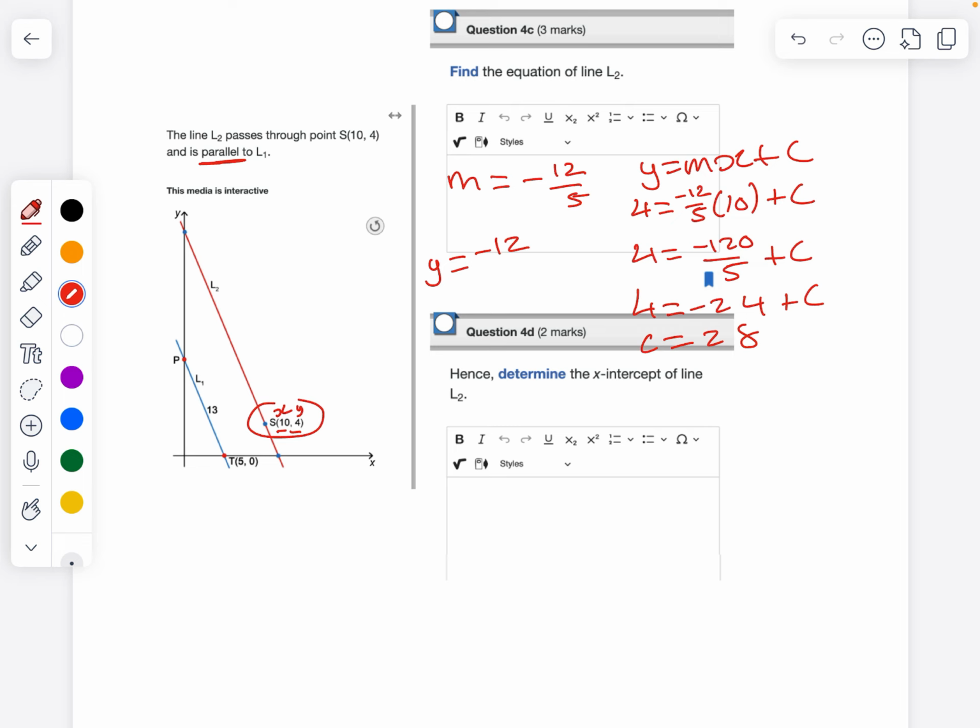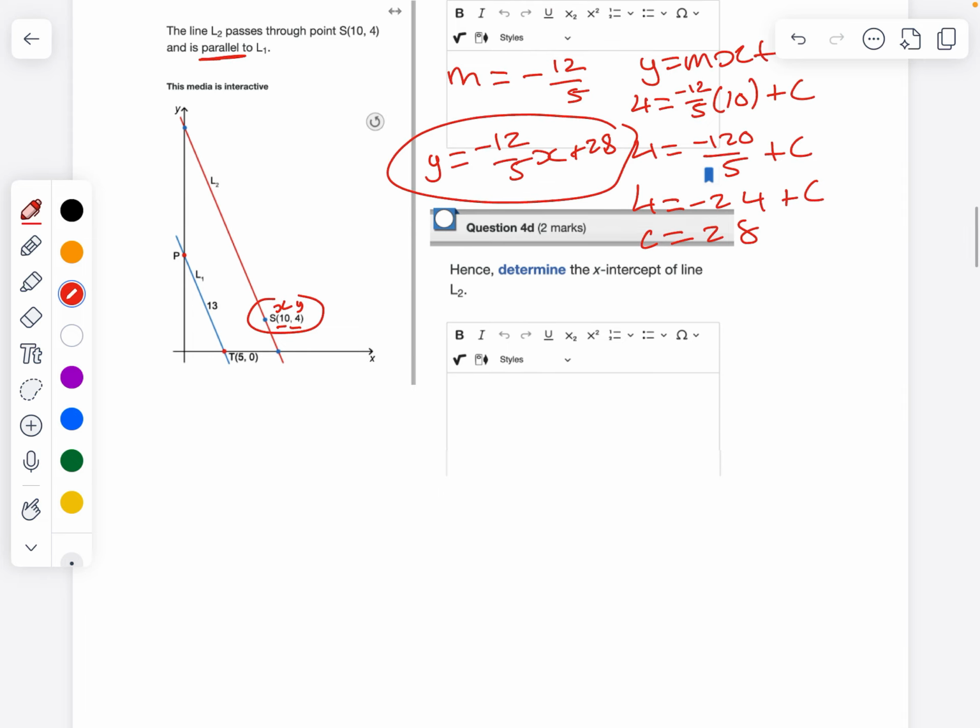And then if you add 24 to both sides, it gets you 28. So don't forget to write your final answer, which is the y-intercept, plus 28.